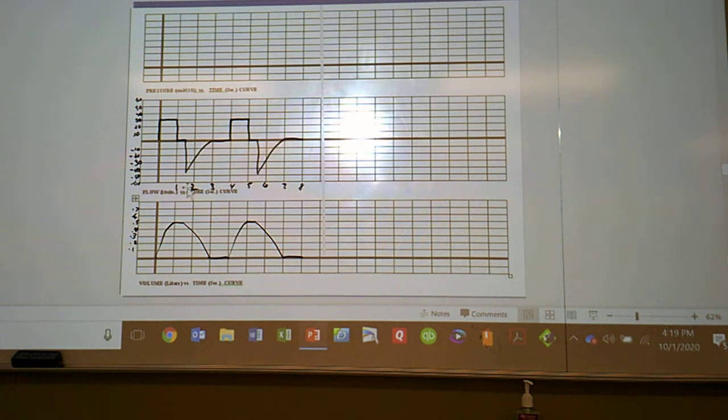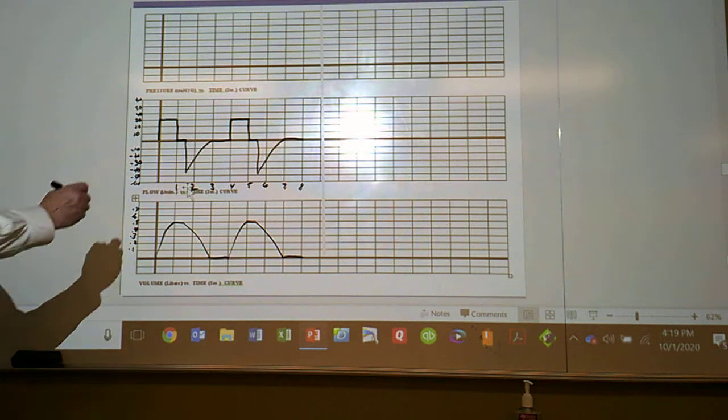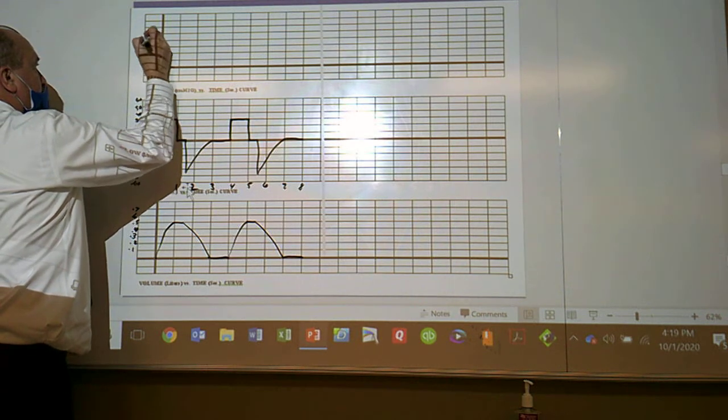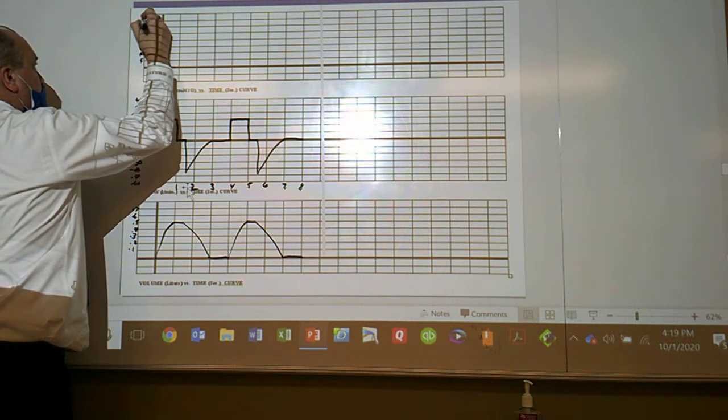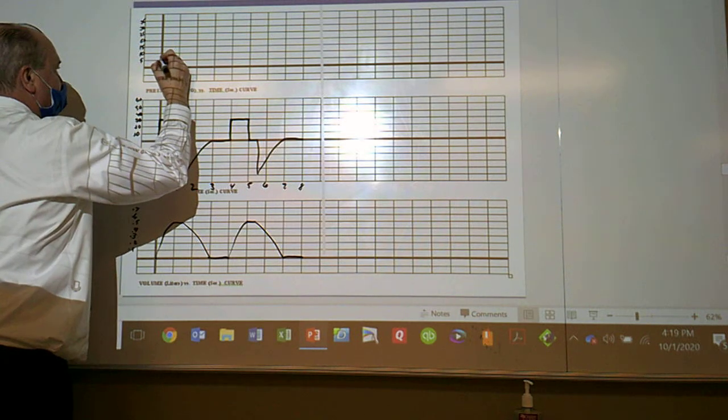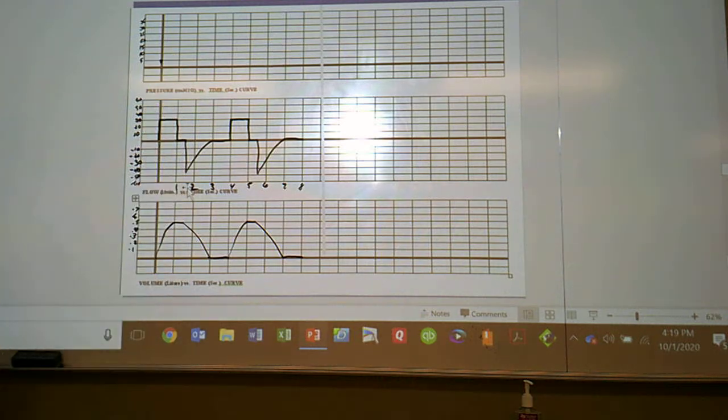Square wave flow pattern generates what kind of pressure pattern? Straight line. It's linear. I'm going to start at my baseline of 5. We do have a patient trigger, so I want to denote that.